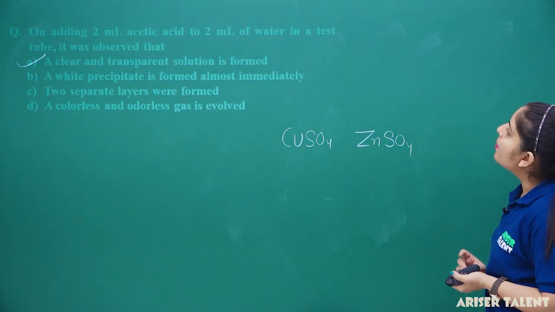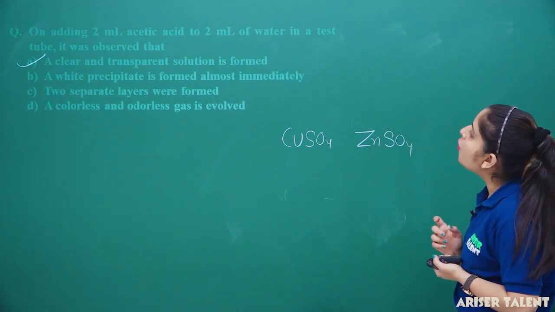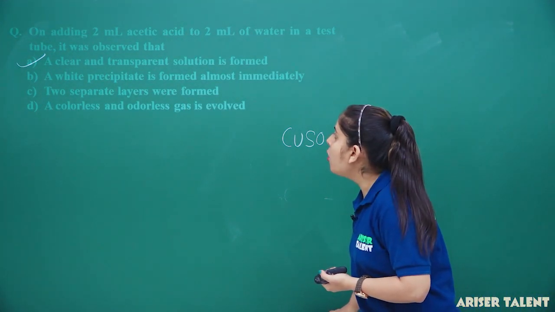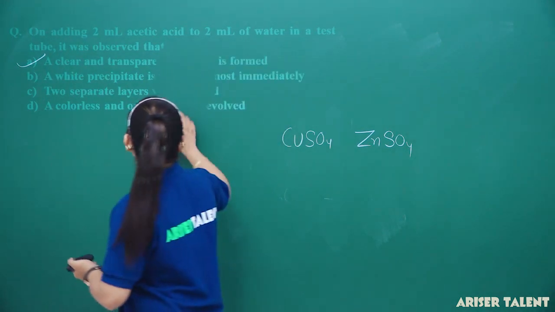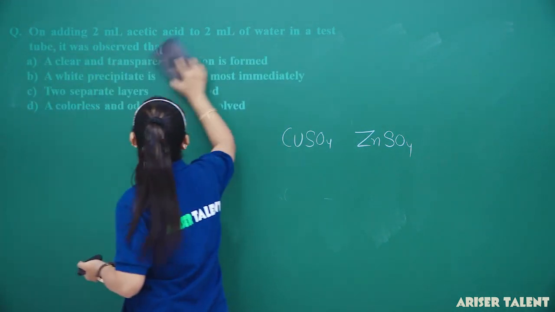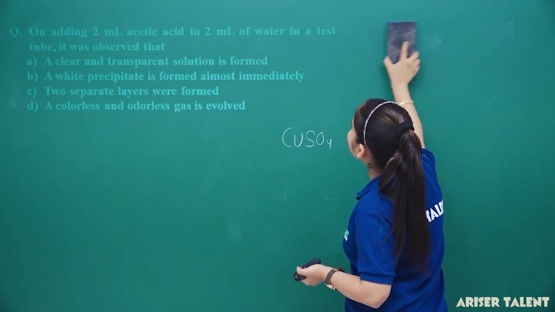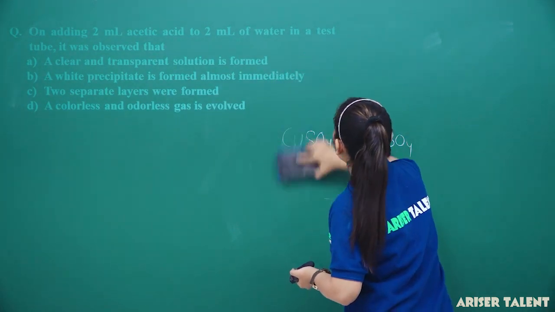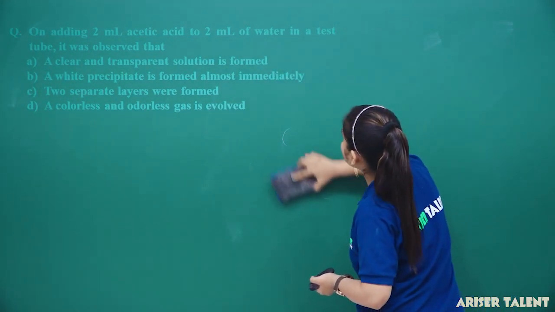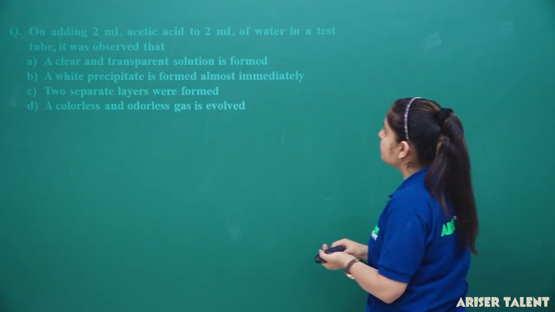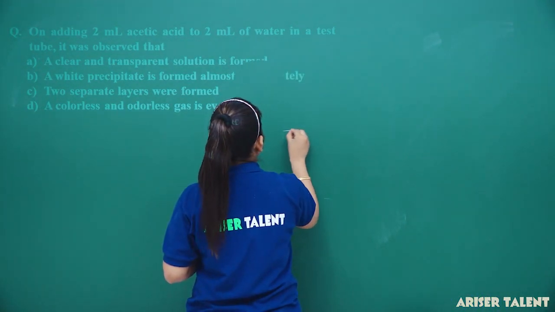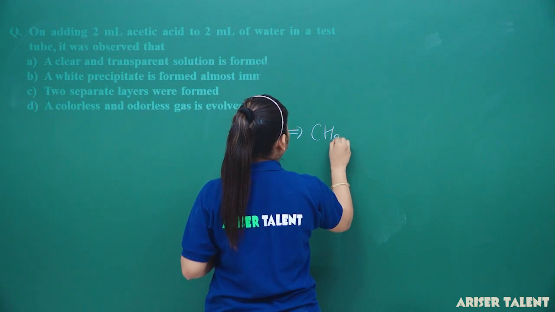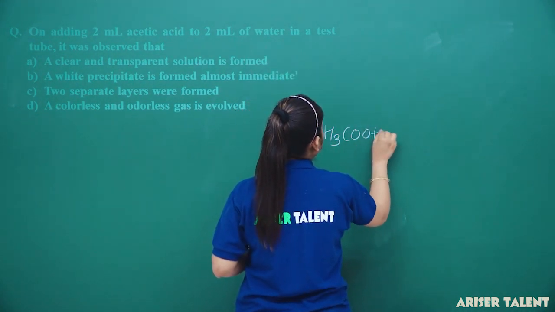On adding 2 ml of acetic acid to 2 ml of water in a test tube, what will we observe? We have acetic acid, that is CH3COOH.